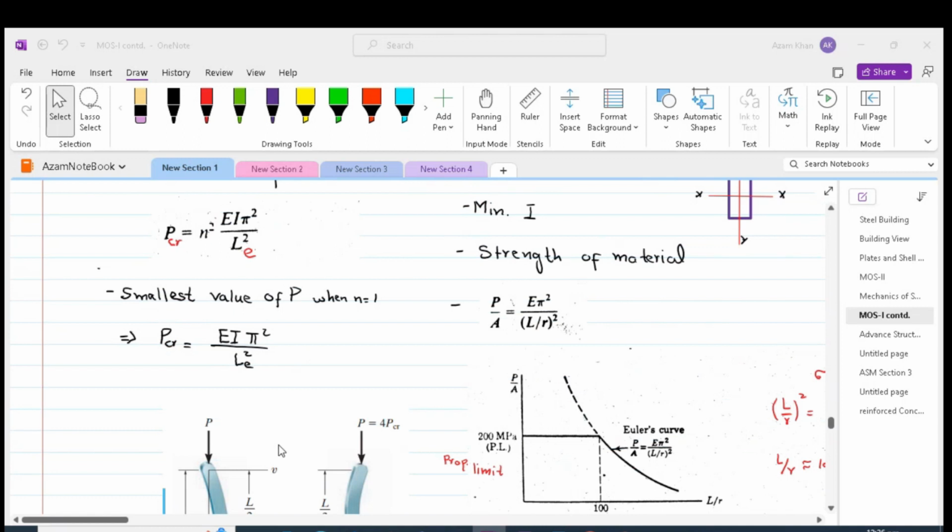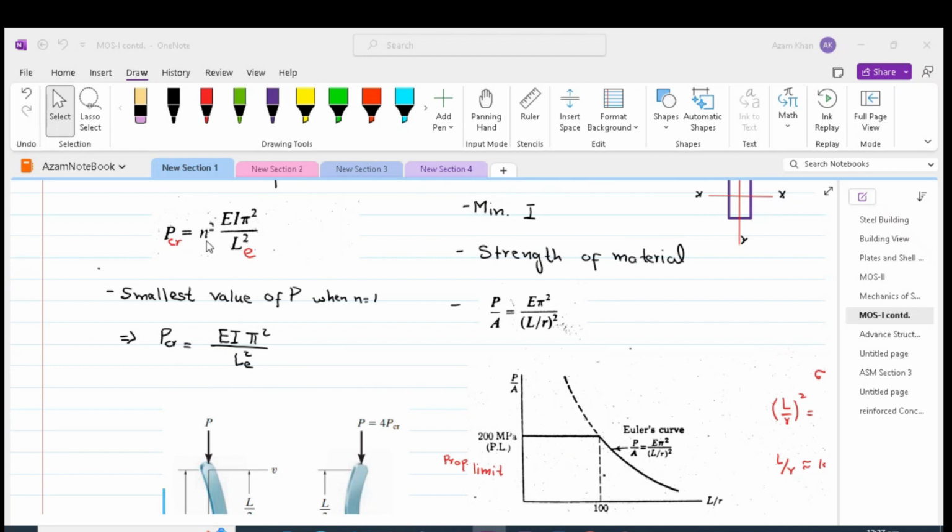The important thing to appreciate over here is that the smallest value of P critical is obtained when n is made equal to 1. So the critical load will come out to be EI pi squared by LE squared. This load is sometimes referred to as Euler load. In the examples, we will try to use this equation and find out our critical column load.